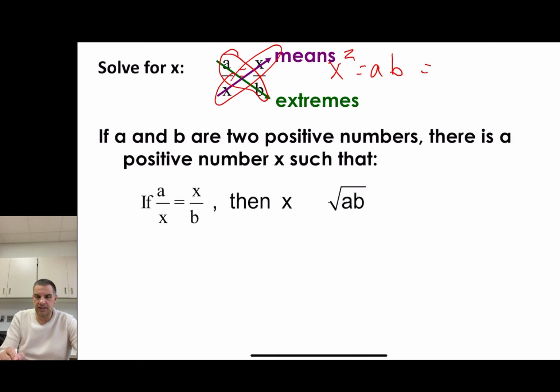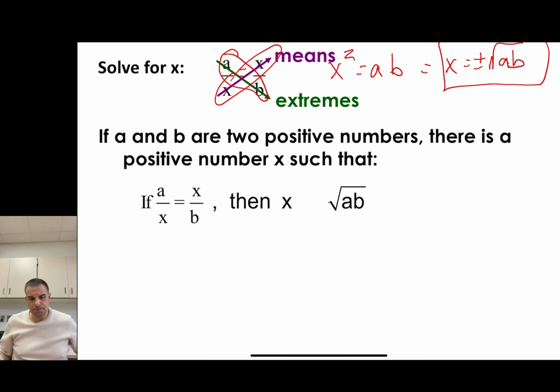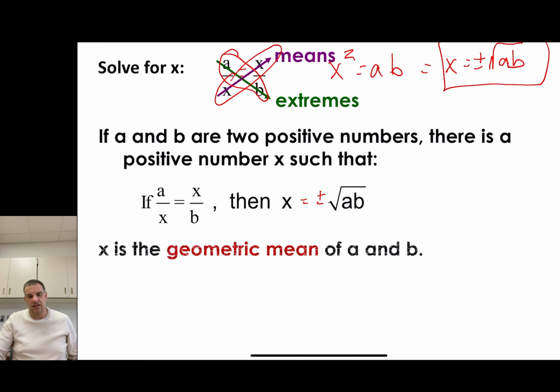Now, you could simplify it, which we didn't do. Another way to write this is to say that x is equal to plus or minus the square root of ab. This is actually what's called the geometric mean.